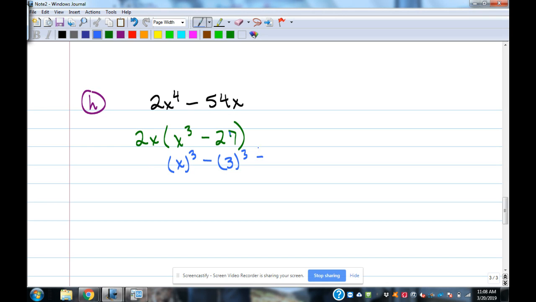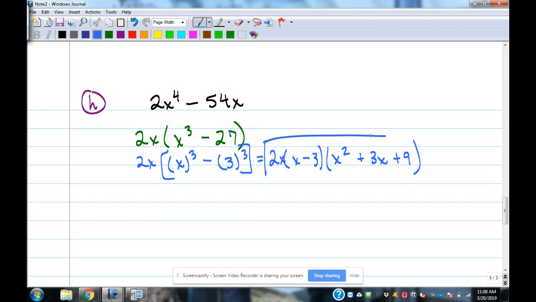Okay, so we know that that's going to factor as x minus 3, x squared plus 3x plus 9. And then we have the 2x from the beginning. Technically, this is what's happening there.